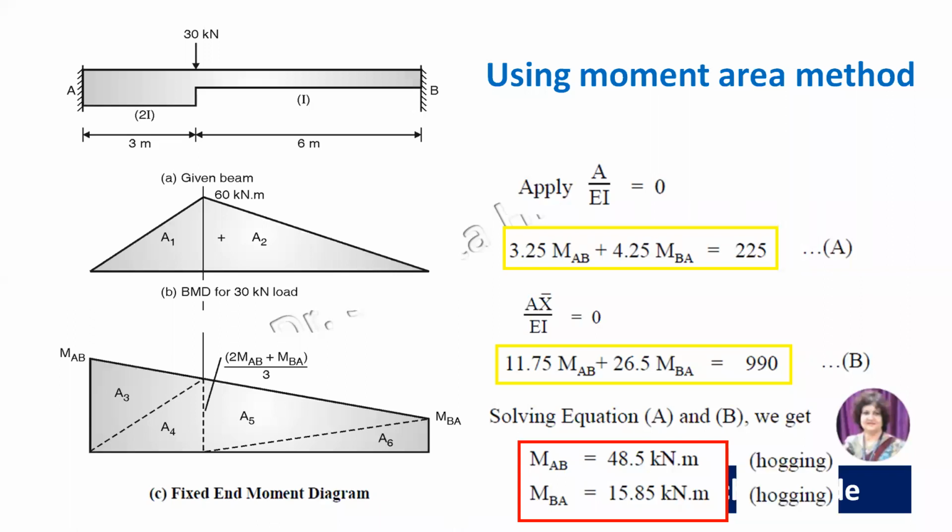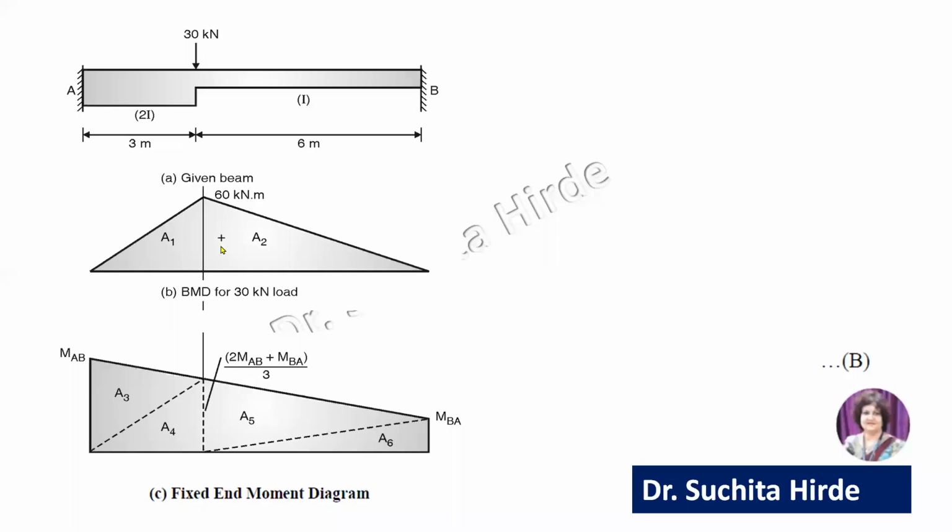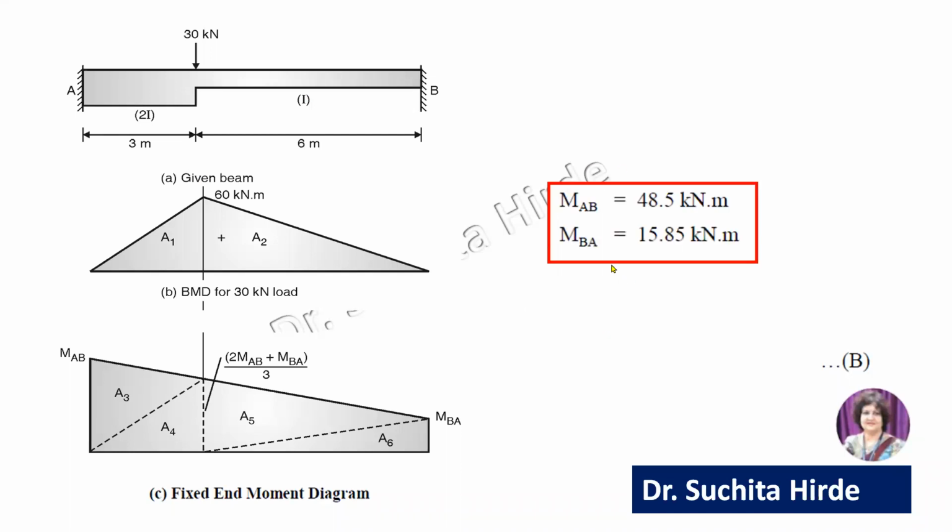Both these moments are hogging in nature. So finally, after solving this numerical example, these are the answers. MAB is 48.5 kilonewton meter and MBA is 15.85 kilonewton meter. Both are hogging.